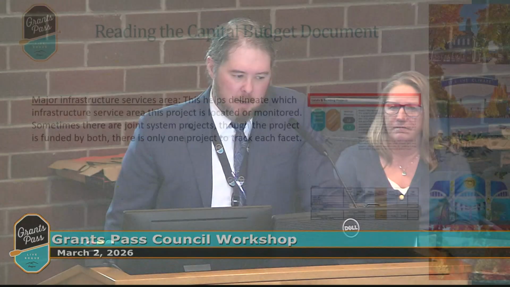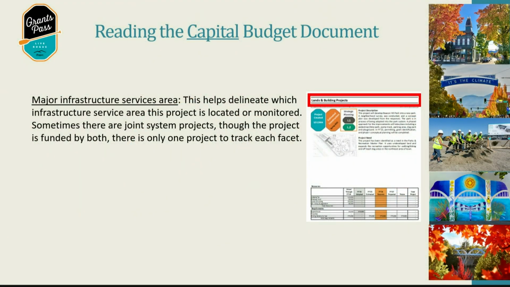So there are major infrastructure service areas at the very, very top. This helps delineate which infrastructure service area this project is located or monitored, and that gets into potentially where the revenues come in mostly too. And so sometimes there are joint system projects, though the project is funded by both, there's only one project to track each facet.